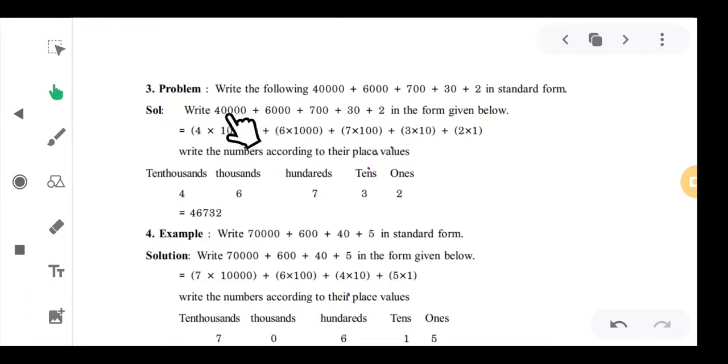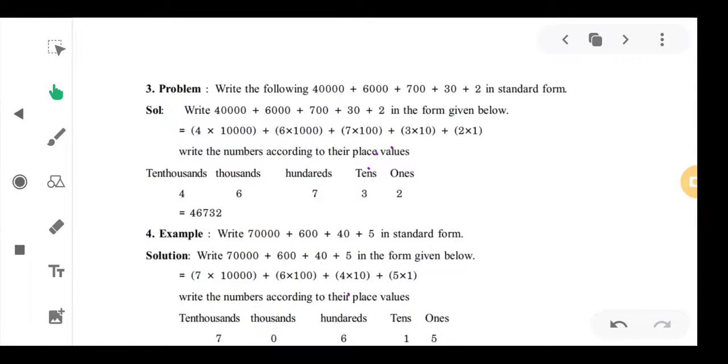This is 40,000, that means this is in the 10,000s place. So 4 into 10,000. In 10,000s place there is 4, in thousands place 6, in hundreds place 7, tens place 3, ones place 2. So this will become 46,732.